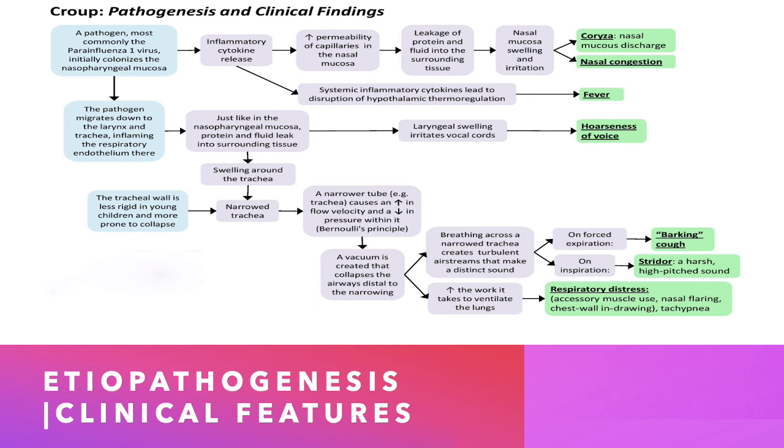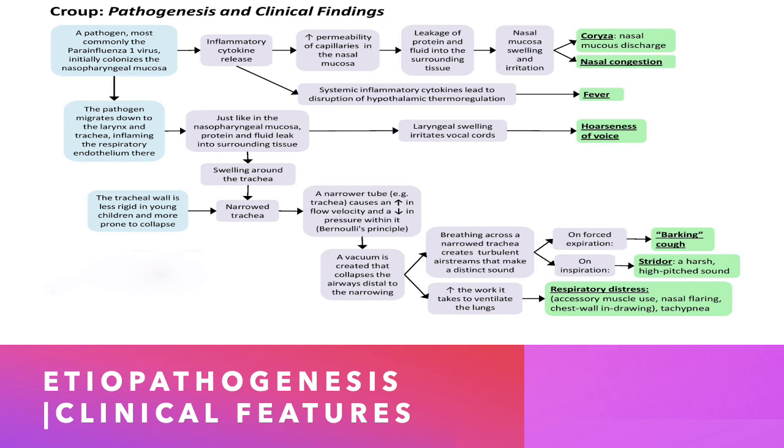First of all, whenever a pathogen, most commonly the parainfluenza virus type 1, initially colonizes the nasopharyngeal mucosa, there is an inflammatory cytokine release that leads to increased permeability of capillaries in the nasal mucosa, which further leads to leakage of protein and fluid into the surrounding tissue, causing nasal mucosa swelling and irritation, and these are responsible for prodromal symptoms of coryza, which is nasal mucus discharge, and nasal congestion.